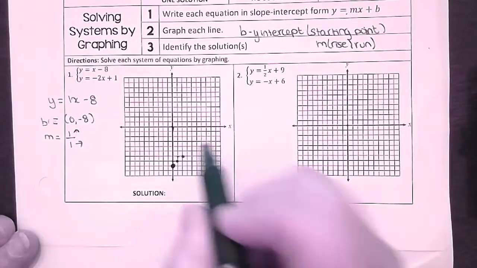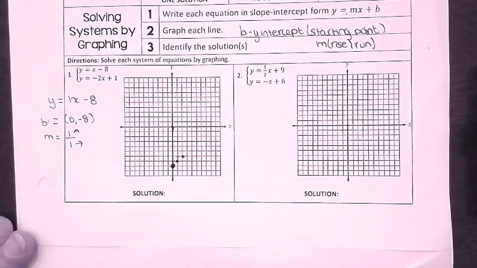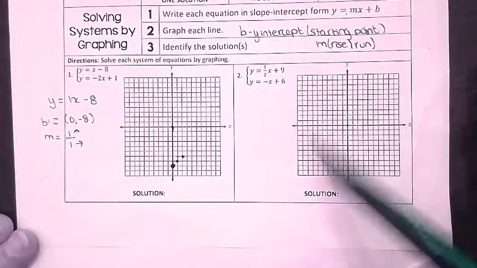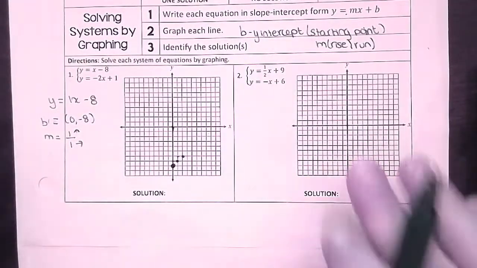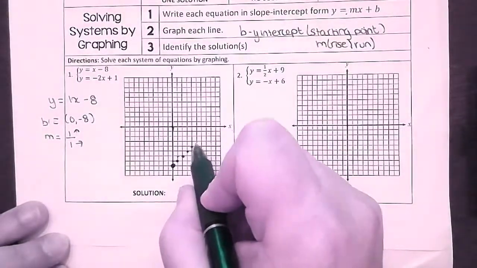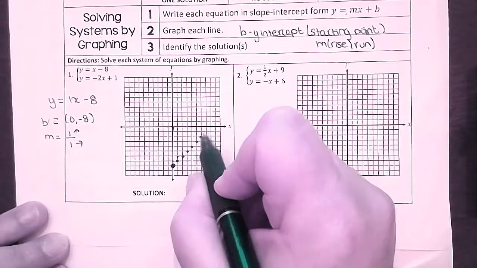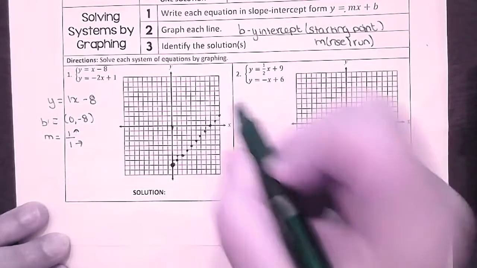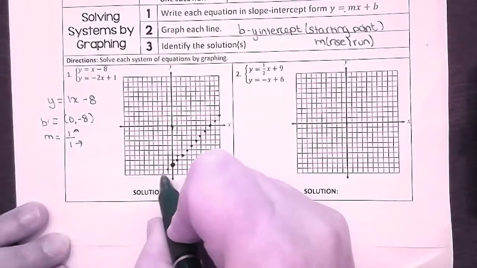It's important to continue this process because you're going to find a point where they intersect. What's nice about these graphs is that they're going to intersect on the graphs that we have here. They're not going to be off the graph, but definitely keep that in mind.